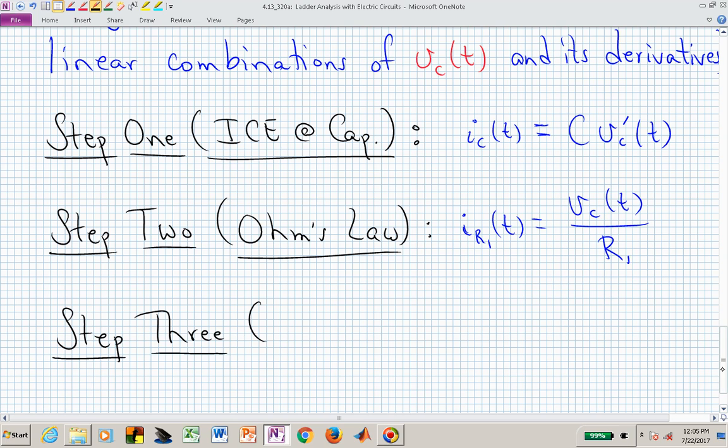So step 3 will be KCL at A, and that now says that I sub R sub 2 of t is equal to I sub C of t plus I sub R sub 1 of t.